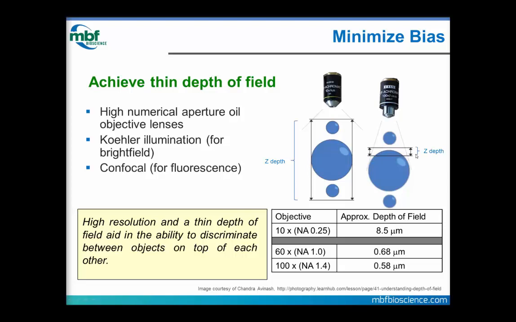In order to be able to focus on and find the top of the cell, we need to use an oil lens when we're dealing with cells of typical sizes. The oil lens and the Kohler illumination for bright field will give us thin Z-planes. If you're using fluorescence, you may need to go to the confocal level to get thin enough Z-planes to find the top of that cell.